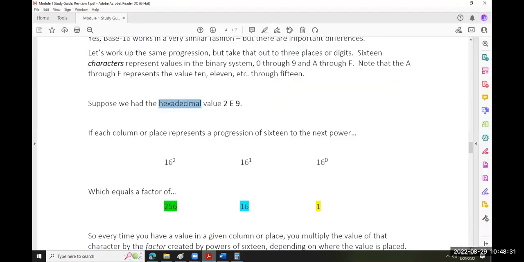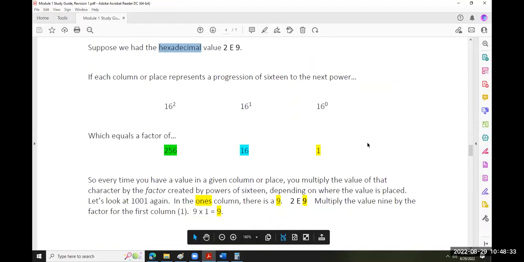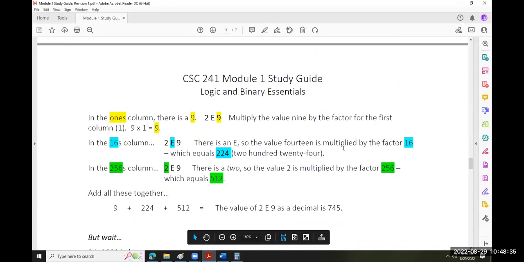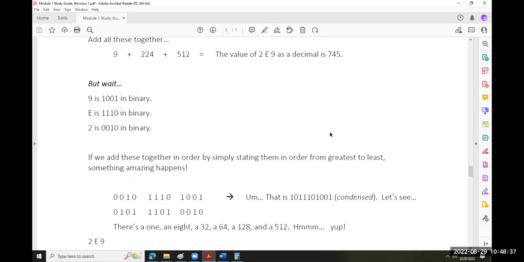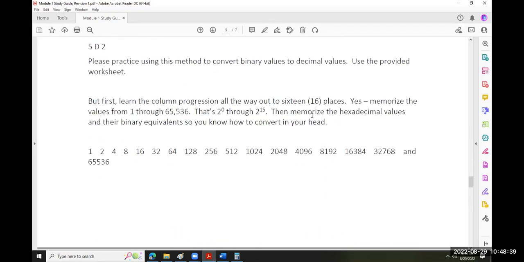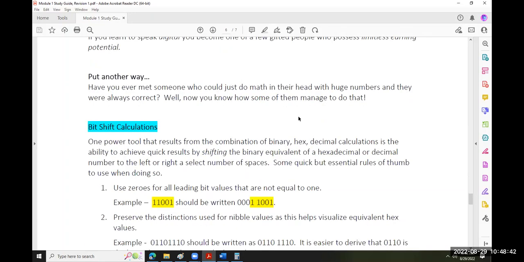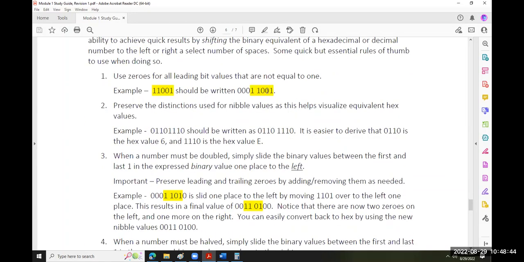Now, I think somewhere we have a resource, or we have it in the study guide, where it shows you the binary equivalence of each hex value in the number system.